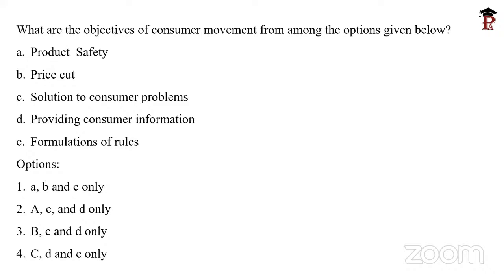A. Product safety. B. Price cut. C. Solution of consumer problems. D. Providing consumer information. E. Formation of rules. It's okay if you don't reach the answer, but I expect you to give the right answer. So make a smart guess. Any smart guess?